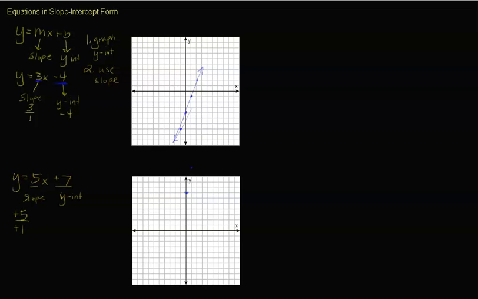But remember, positive 5 over positive 1 is the same as negative 5 over negative 1, because a negative divided by a negative is positive. So watch. If I go down 5, 1, 2, 3, 4, 5, I'm still on that line.